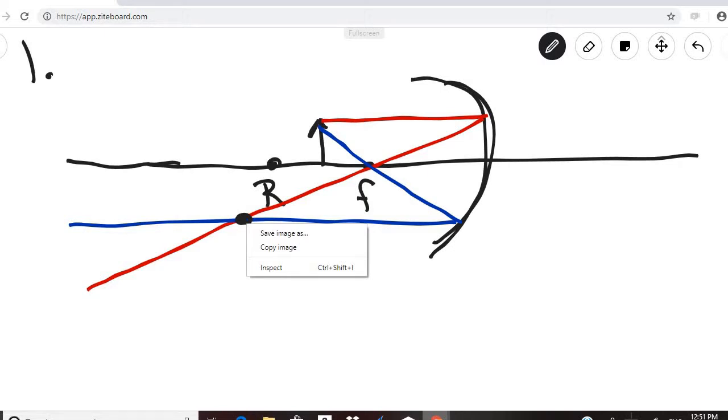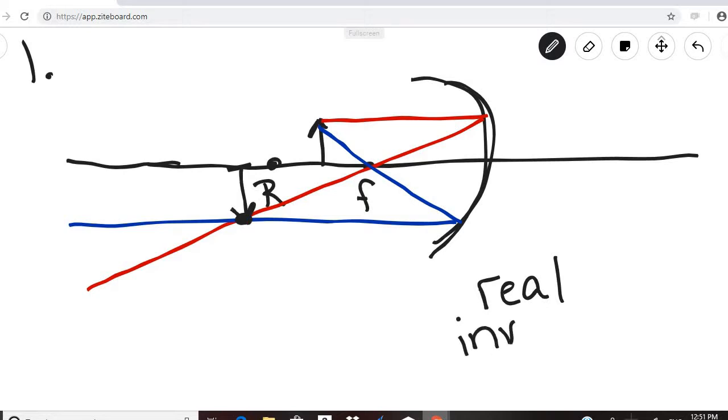The lines actually did intersect, so it is a real image, so we didn't have to extrapolate anything out. This is the bottom, so that makes this the top. So it is inverted, and the image is magnified.